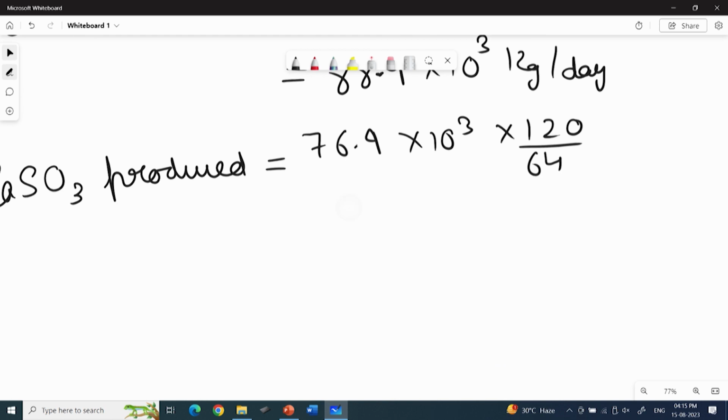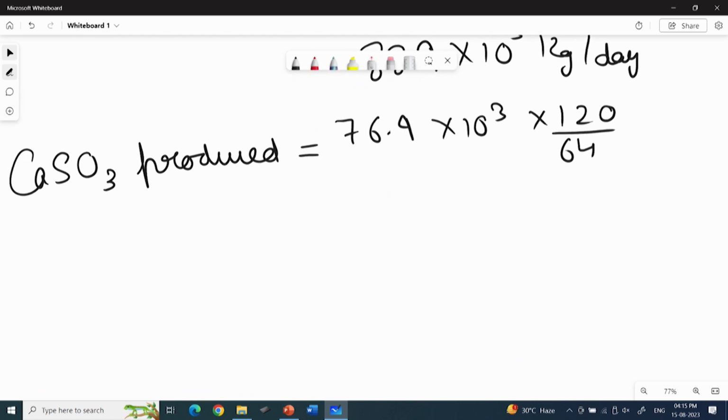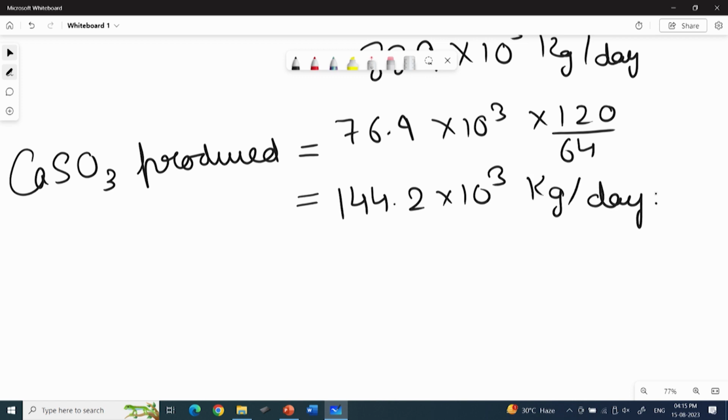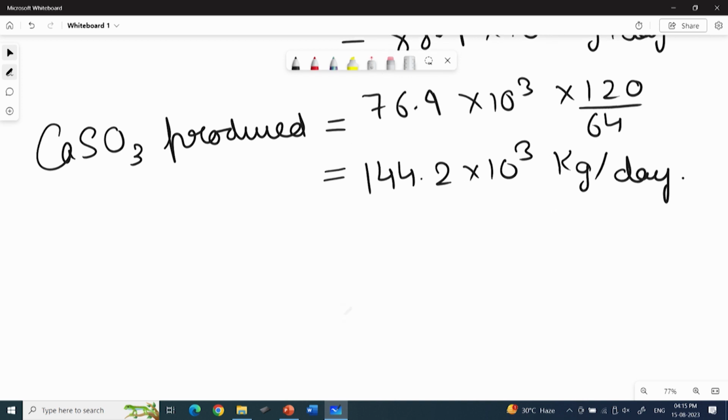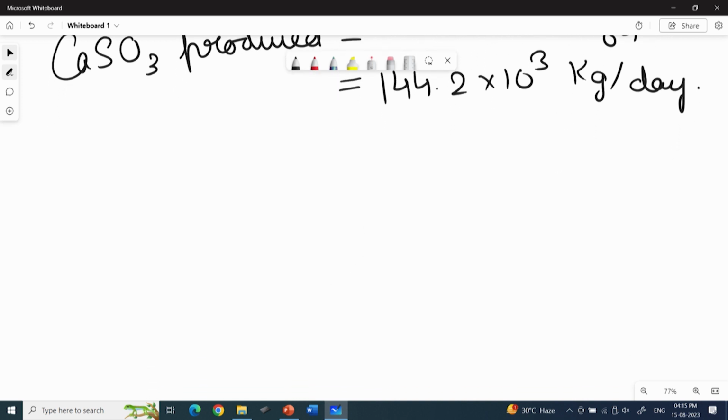So, this is the amount of CaSO3 that would be produced. If I solve it, this would come around to be 144.2 into 10 to the power 3 kgs a day.